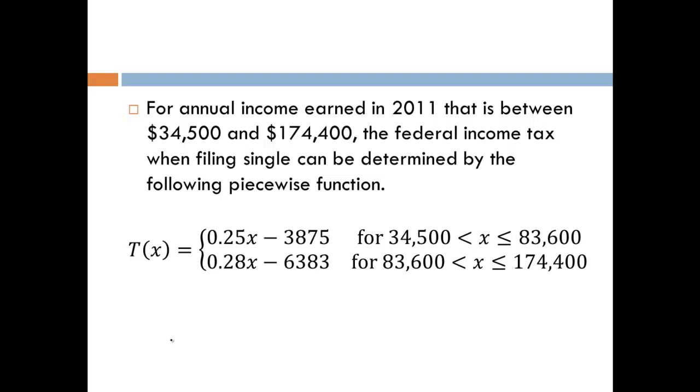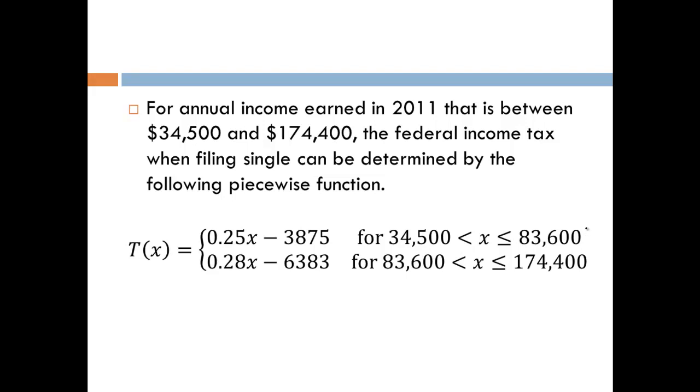We have two pieces. One says the value of your tax will be 0.25x minus 3,875. Now we only use this piece whenever x is greater than 34,500 and less than or equal to 83,600.